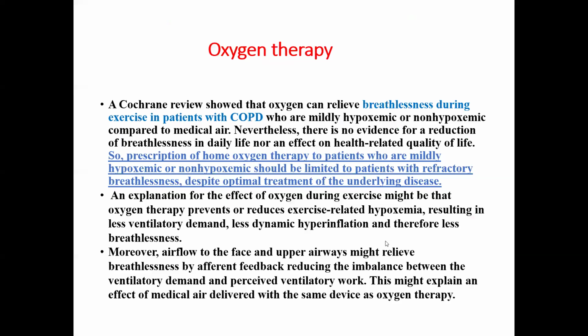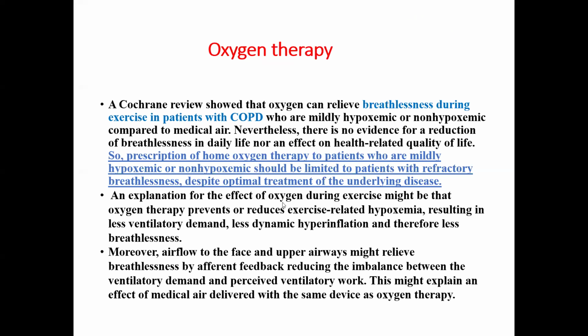All right. Now, oxygen therapy in the palliative setting is used for patients who are mildly hypoxemic or non-hypoxemic with refractory breathlessness. So basically, you need to use it in hypoxemic patients, all right?